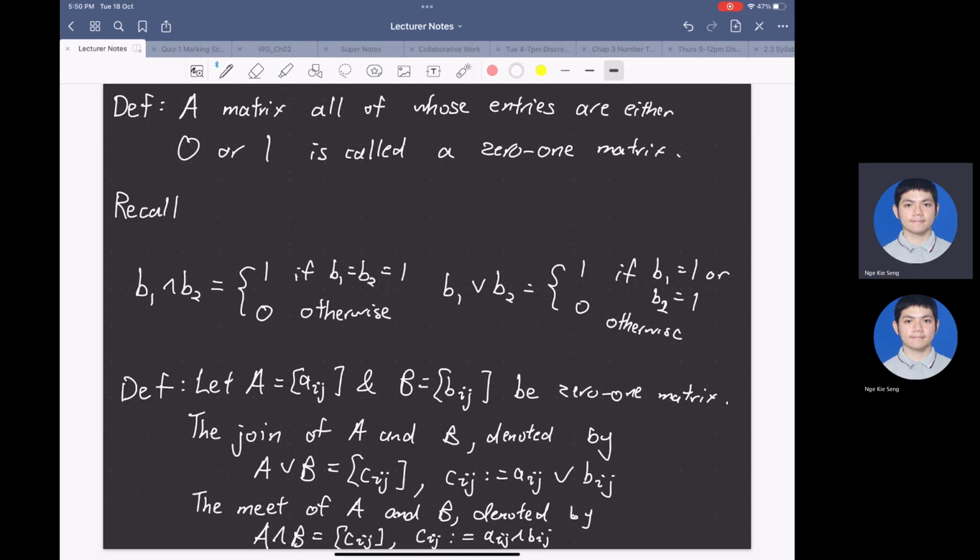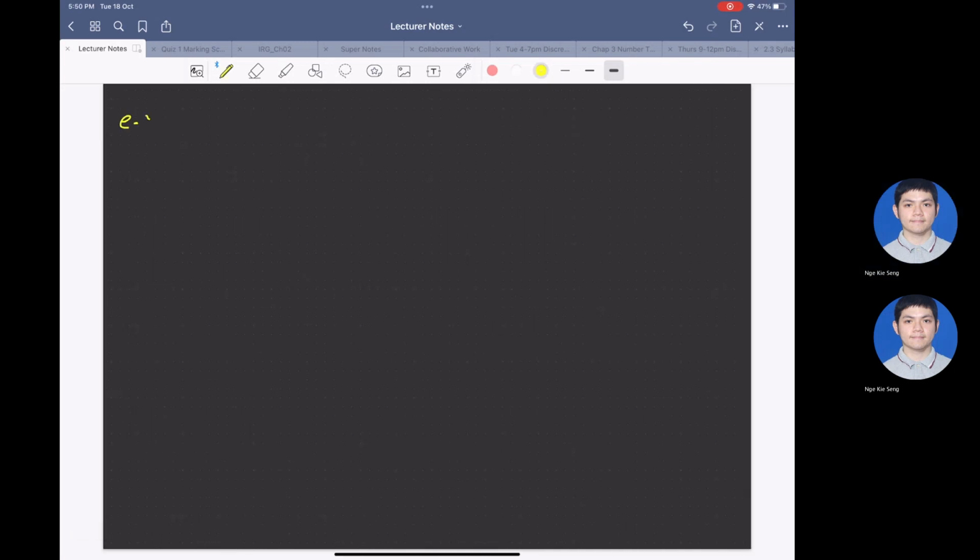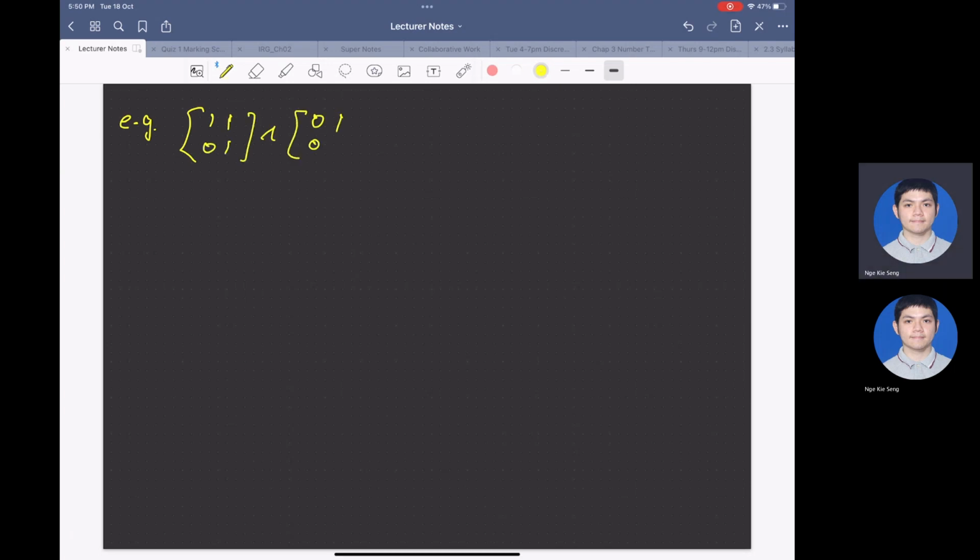For example, let's take the meet, which has to intersect.